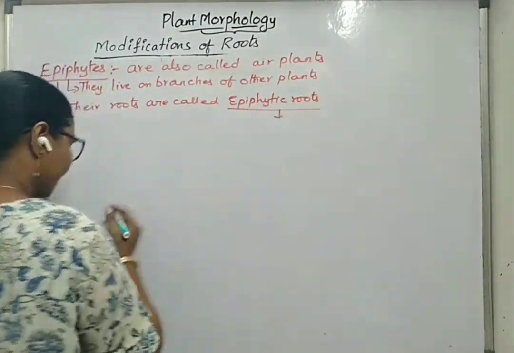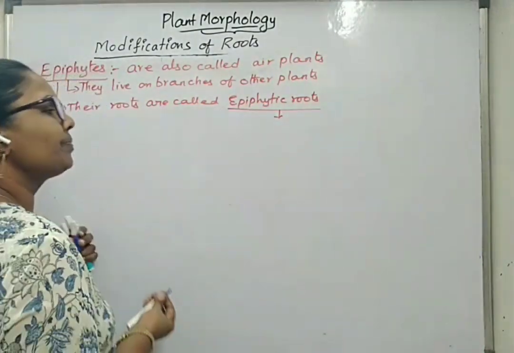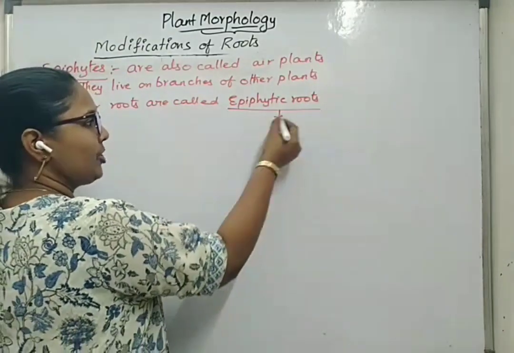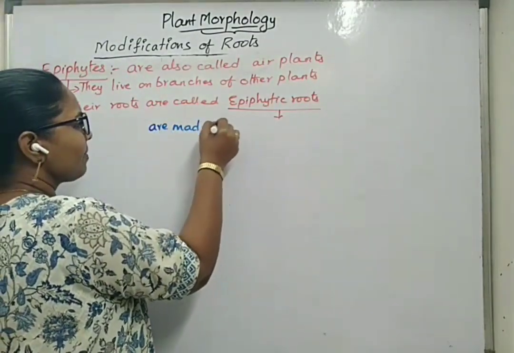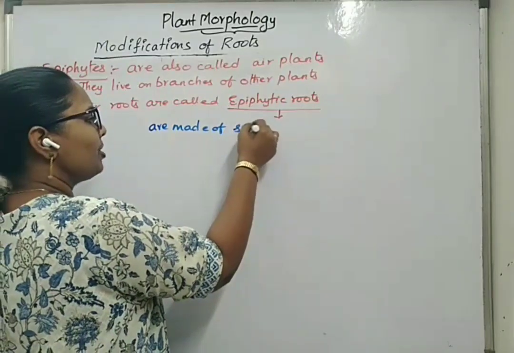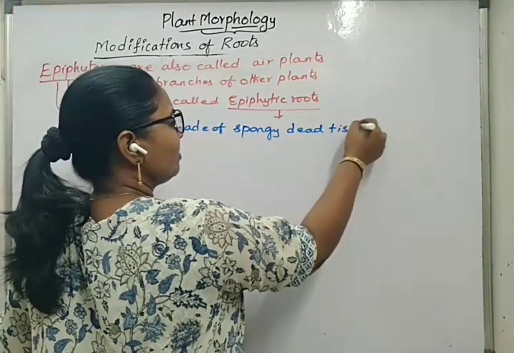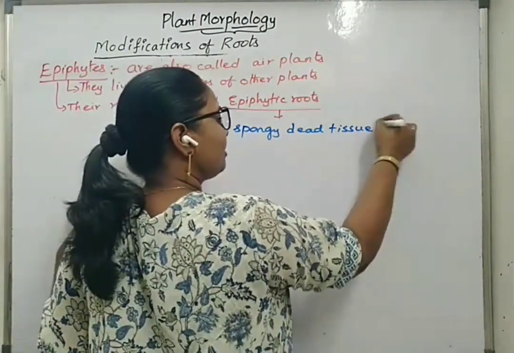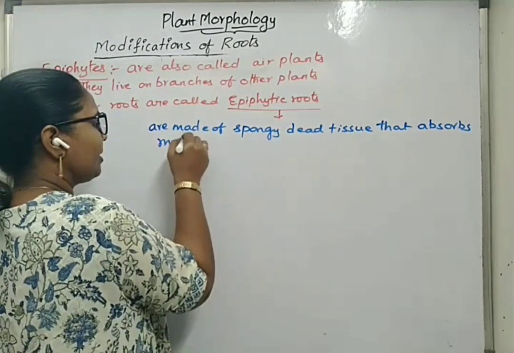These roots are made up of a special type of dead tissue that is hygroscopic in nature. Roots are made of spongy dead tissue that absorbs moisture from air.